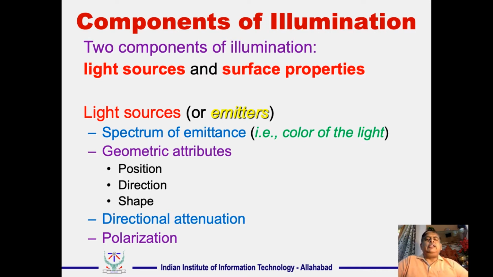Components of illumination. There are two components of illumination. One is the light source, and the second is the surface properties. As we had seen earlier in the chessboard, the surface property of the chessboard was that one was a black square and the other was a white square.